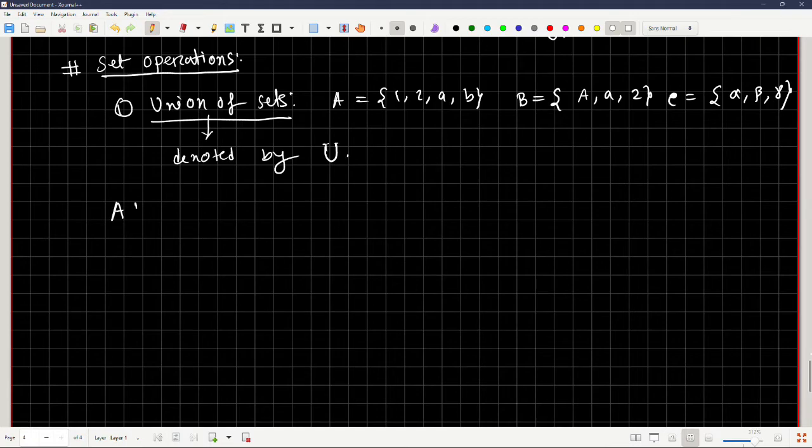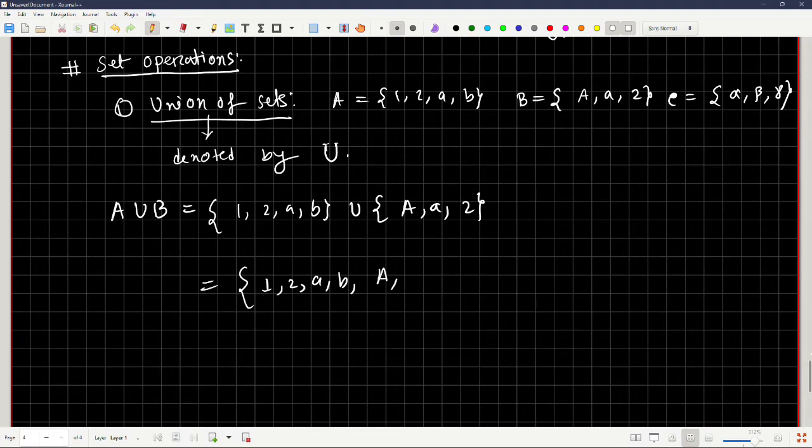So when I say A union B, this symbol instructs you to put all the elements of A and B together in another set. So this will look something like this: 1, 2, a, b union with capital A and 2, and the resultant set will be this. Notice that even though a was a common element, we wrote it once only.